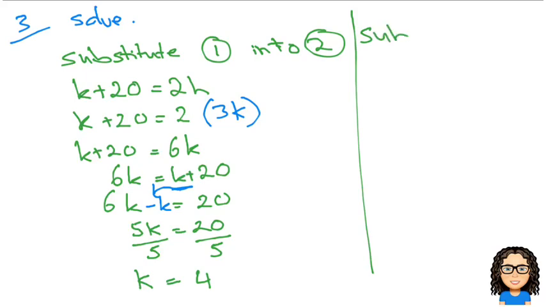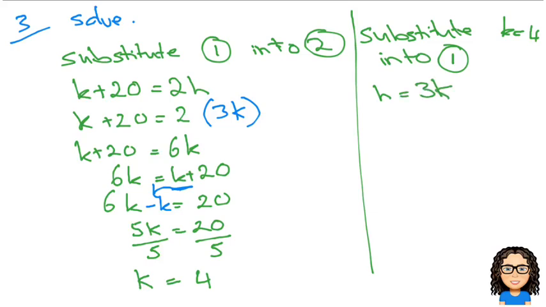So I am going to substitute k equals 4 into equation number 1. So equation number 1, h equals 3 times k, and in place of the k, I'm going to replace that with the value of 4. So that gives me h equals 12. Okay, nearly done.